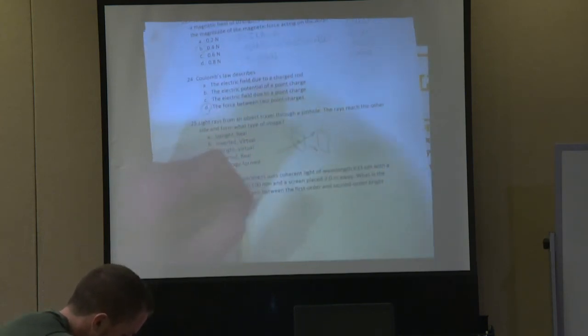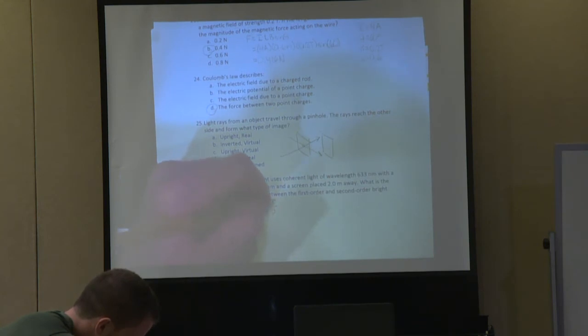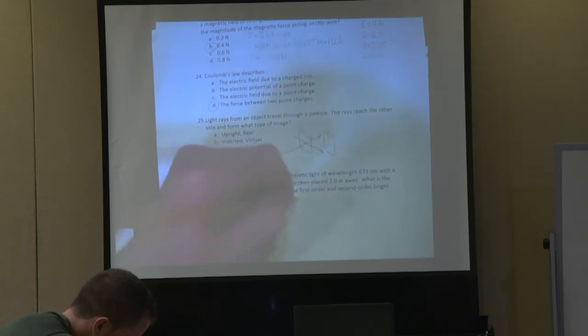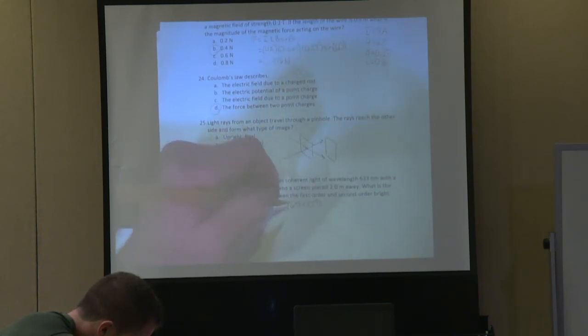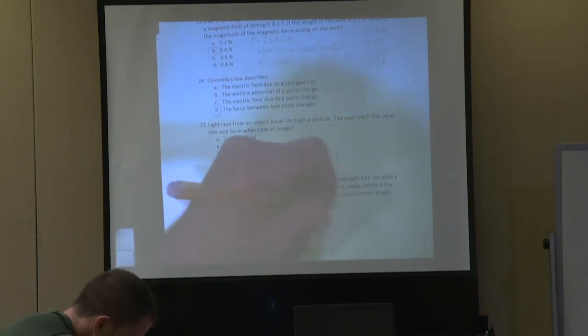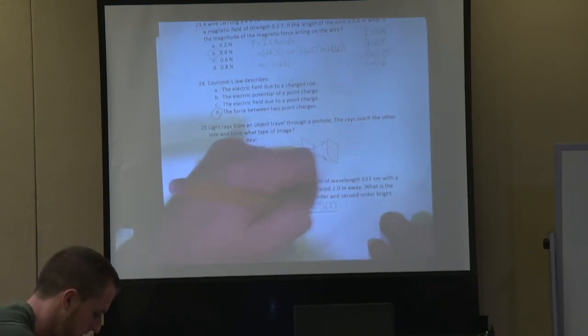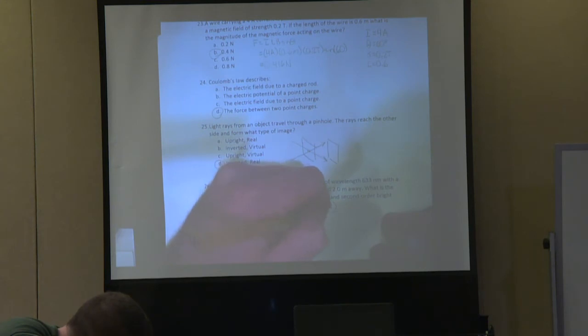So for this equation, we use y equals lambda L divided by d. And that's going to be equal to 633 times 10 to the negative 9th times 2, divided by 0.1 times 10 to the negative third.